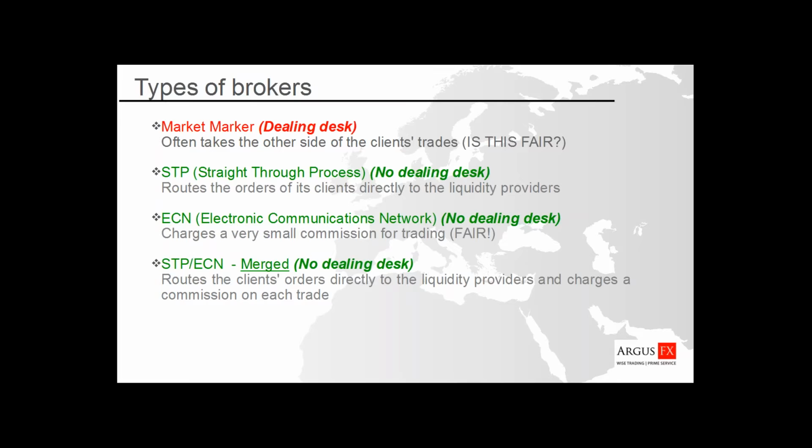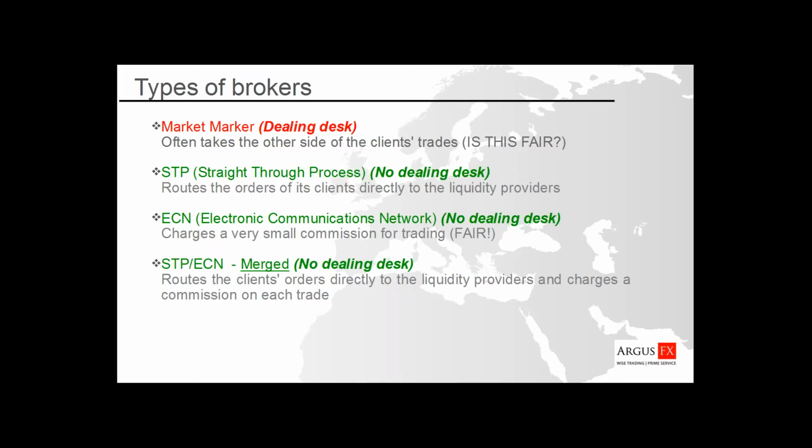The third type of broker, which is actually related to the straight-through process broker, is the so-called ECN, Electronic Communications Network. The major characteristic of this is that the broker charges a very small commission for trading, which is very fair, charging commissions on clients' trades. So the broker can survive and the trader can survive. It's like we're having a win-win scenario.